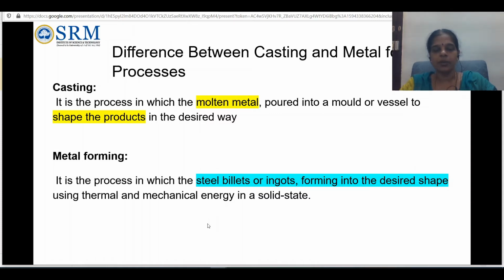Whereas in the metal forming process, we consider a billet or slab, and by applying a mechanical force on it, we bring the existing billet or ingot to the desired shape. That is the main difference between casting and metal forming.